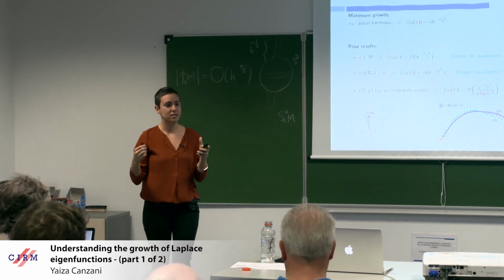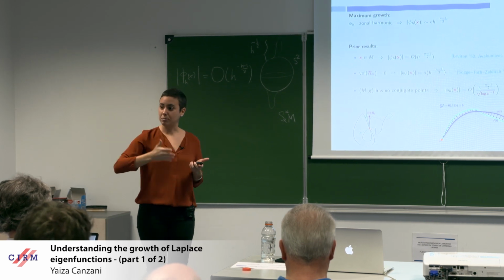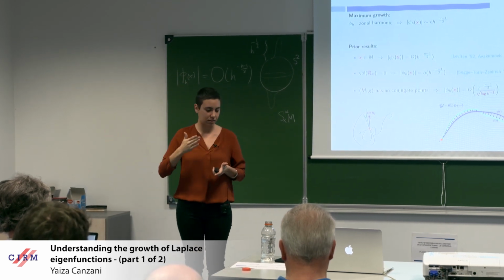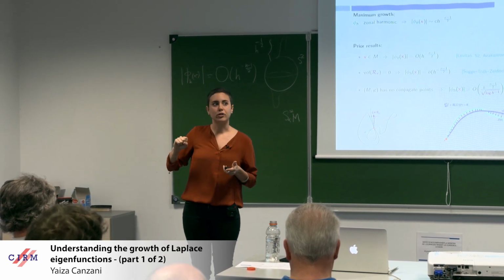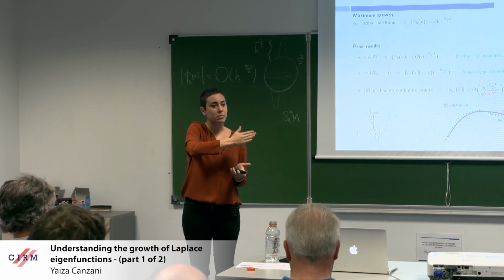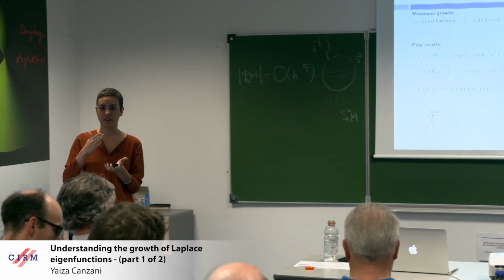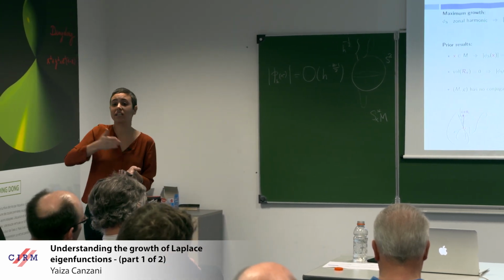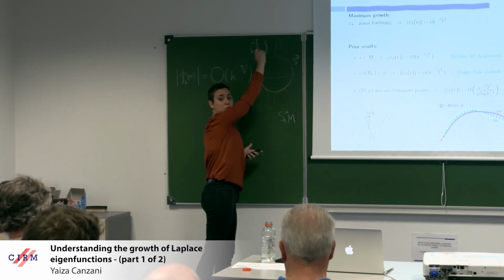So what I mean by this is you are trying to understand what happens with the Jacobi fields starting from a point x. And if you look at the space of Jacobi fields that are not tangential to your geodesic, this is a space with dimension n-1. And what happens on the sphere is that you have n-1 linearly independent Jacobi fields that vanish here and also vanish when you return.